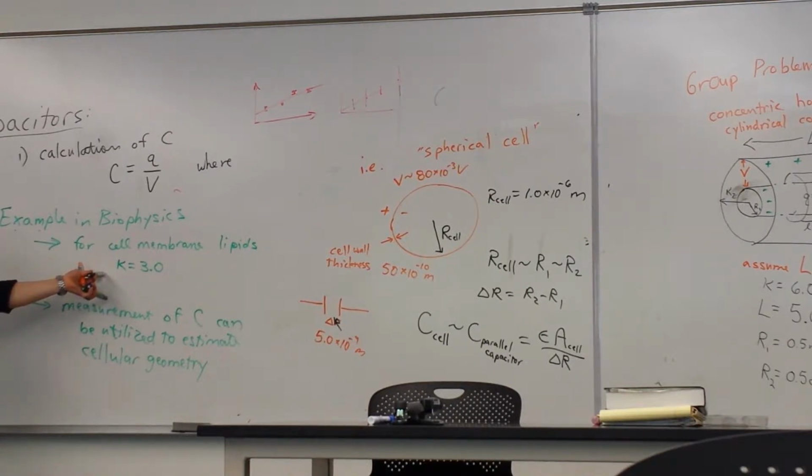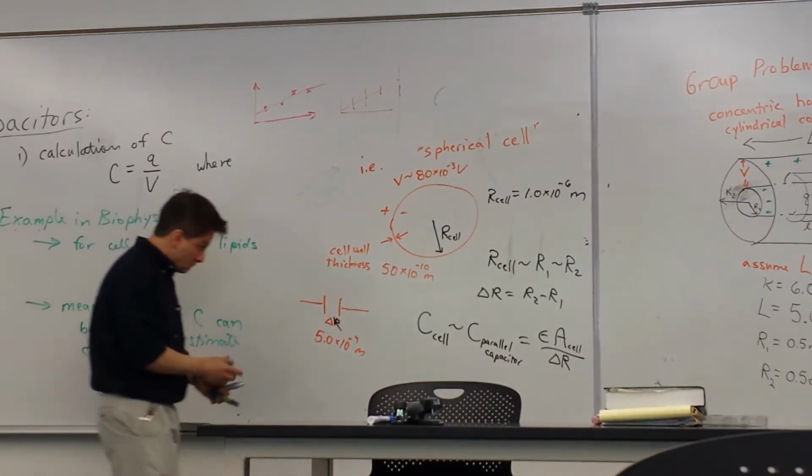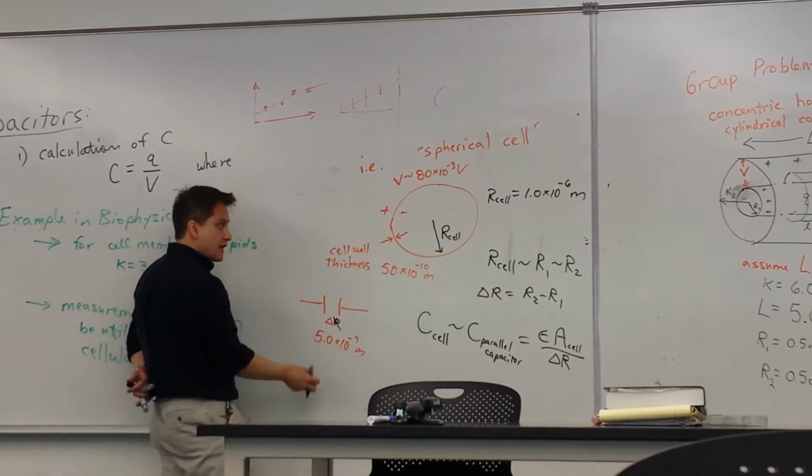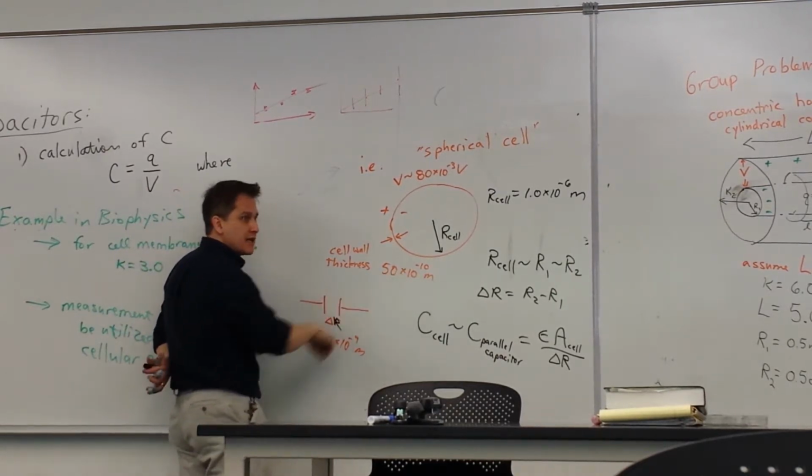What would this correspond to for a cellular capacity? What's the difference between times 10 to the negative 9? Yeah, 5 times 10 to the negative 9 is 50 times 10 to the negative 10.